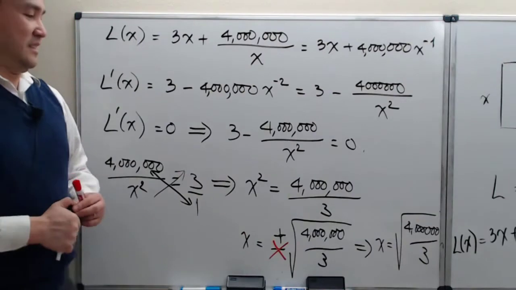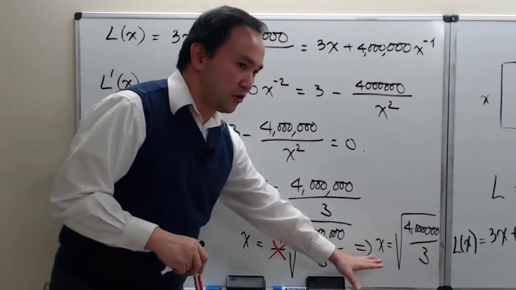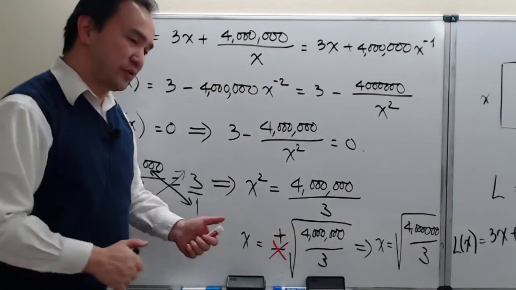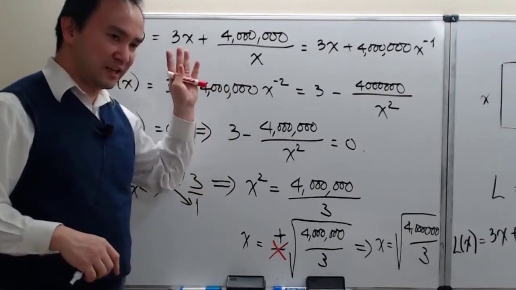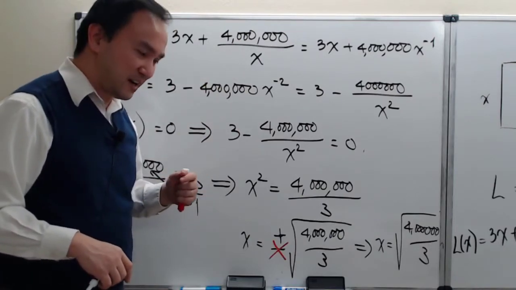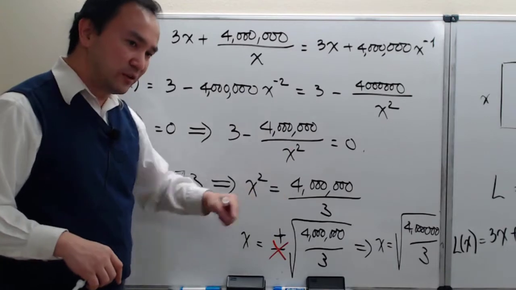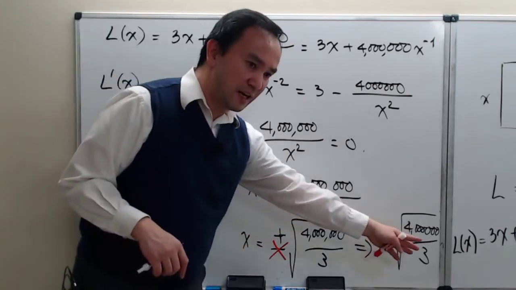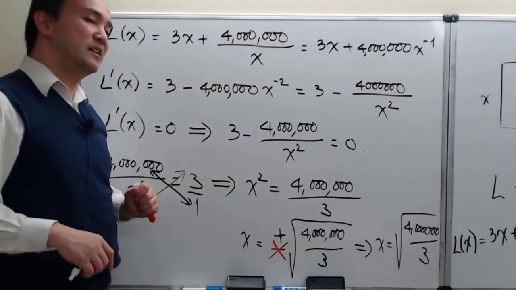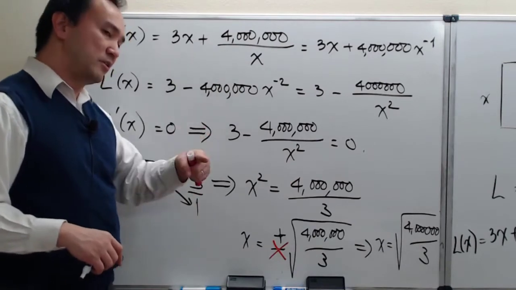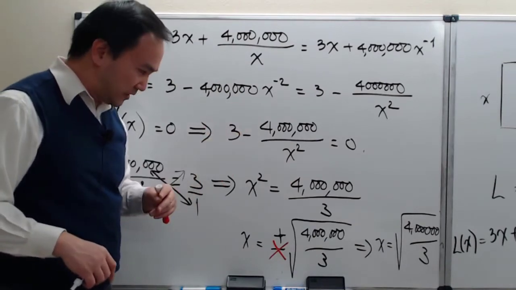For now I am keeping that value in exact precision. It's just my personal habit that I always keep the rounding to the very last step. So right now it's not my last answer, so I am leaving it as an exact expression, 4 million over 3 in a square root.